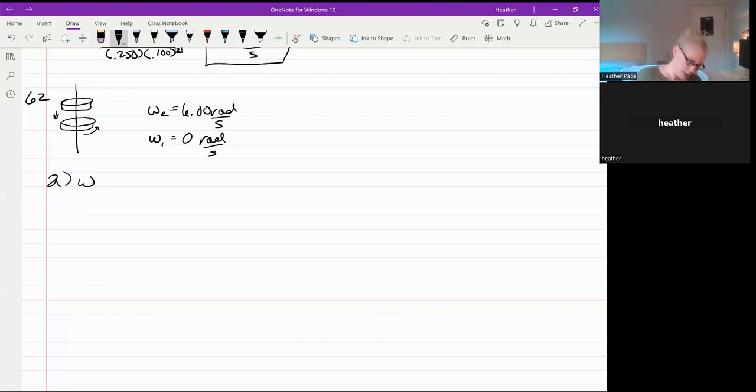So we are going to say that the initial angular momentum is going to equal the final angular momentum, and the angular momentum of both is going to be the first one plus the second one.